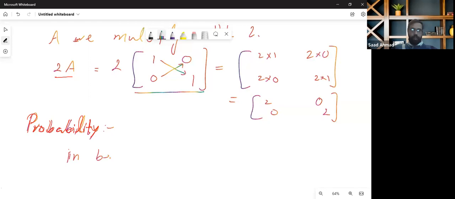Let's say if there is a 100% chance of rain tomorrow, the probability is 1. And if there is a 0 chance for something to happen, the probability of that thing is 0. Anything in between is between 0 and 1.